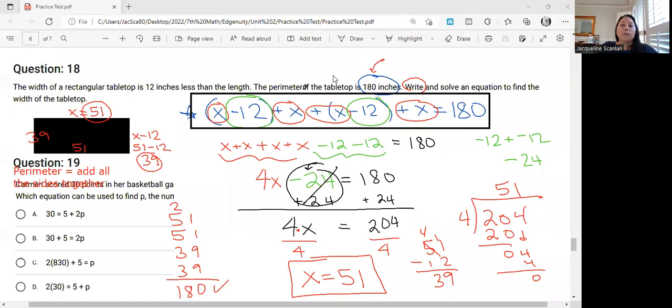So we have to be very careful when we're answering these questions. I don't even need to tell them that x equals 51. That's the length. What they asked me to find is the width. So my answer would have to have that equation in it, and it would have to say that the width is 39. So be specific when you're answering these questions to get full credit.